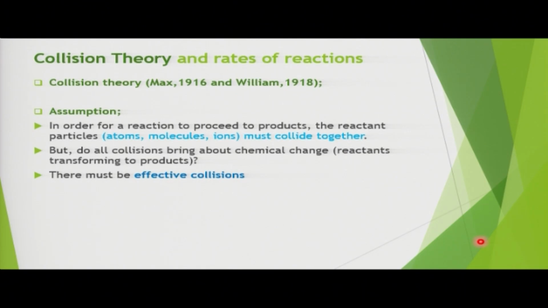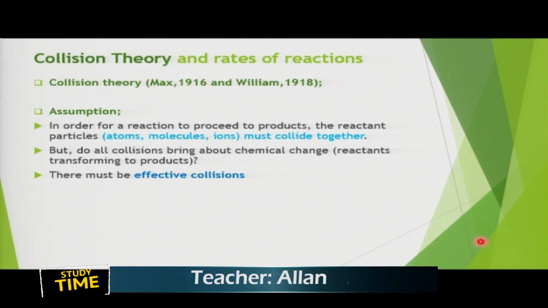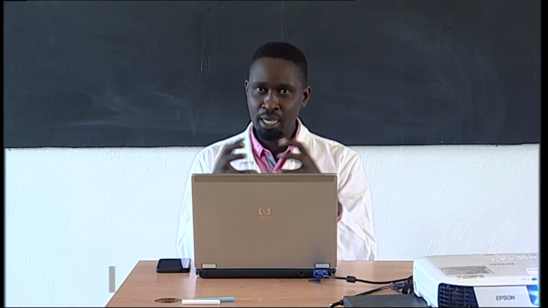Or you have your glucose, add it in water, add yeast, then you get your alcohol. What exactly happens? And that is collision of reacting particles. So they set an assumption: in order for a reaction to occur, the reacting particles, which can be atoms, molecules, or ions, must collide.